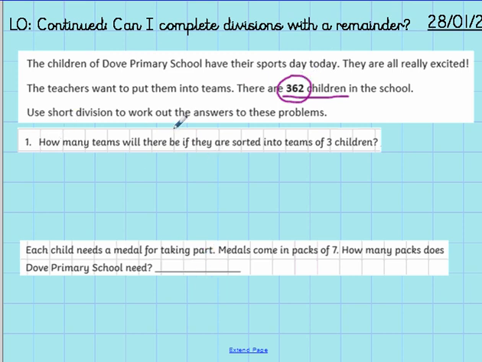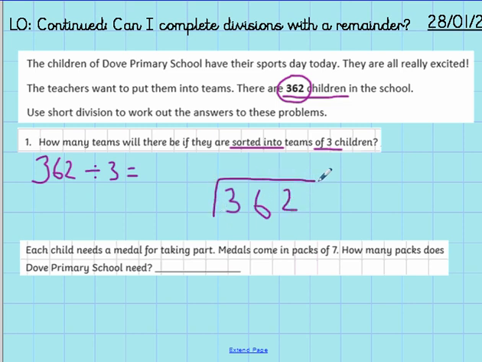So how many teams will there be if they are sorted into teams of 3? Sorted into gives me a clue that we're going to be dividing, because that's like sharing between, isn't it? So I'm going to have 362 children divided into teams of 3. I'm going to write that in a bus stop. 362 goes under my bus stop, that's the total amount, and we're dividing into teams of 3.